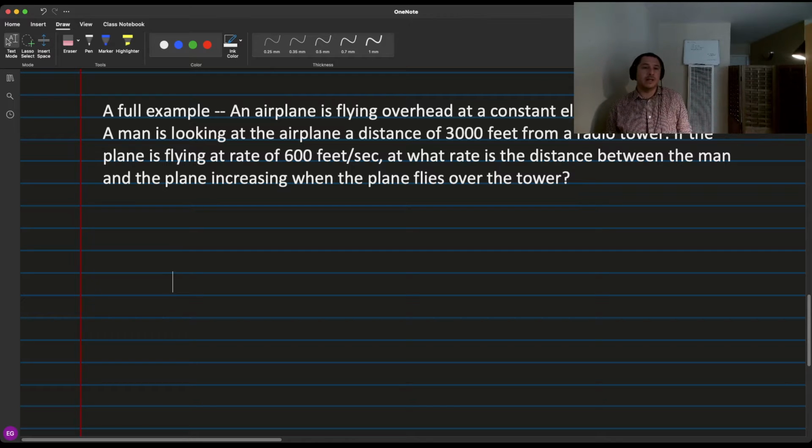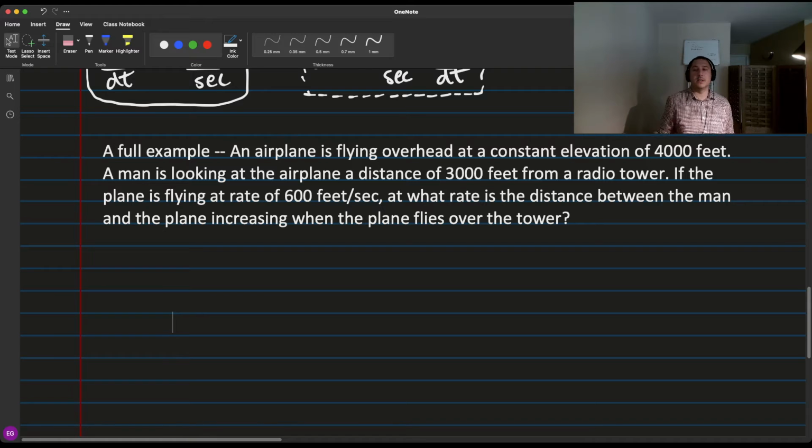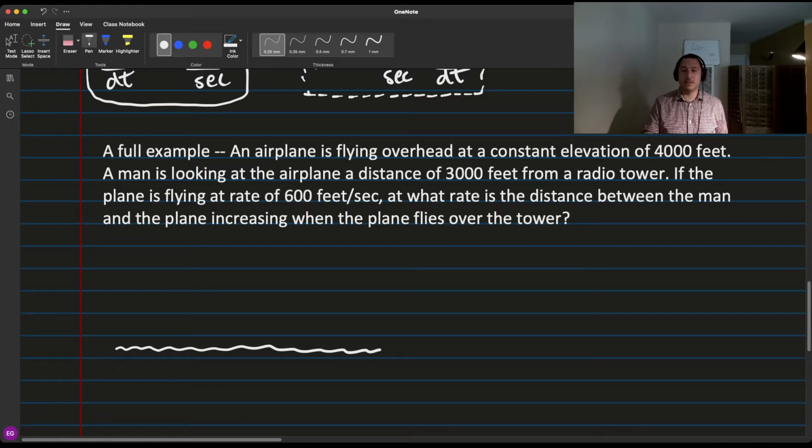Okay, so there's usually a lot to unpick with these problems. So you can see the whole thing. Usually for these things, the first step is just to draw a picture. Here's the ground. Supposedly there's a man. There's a radio tower.